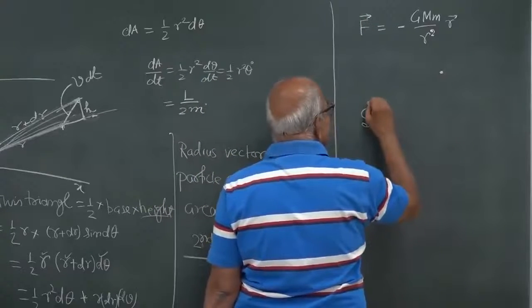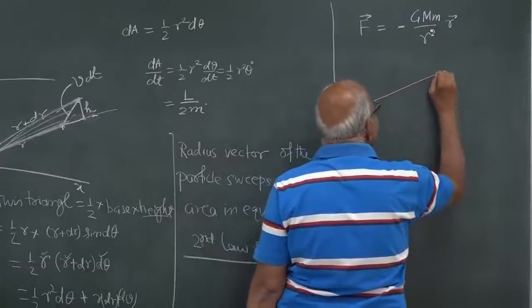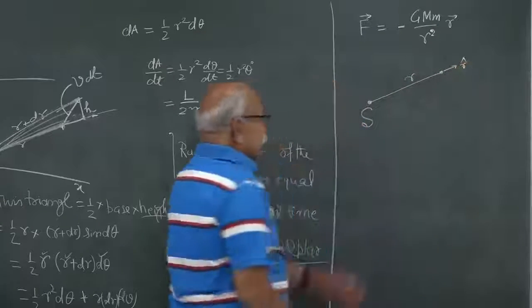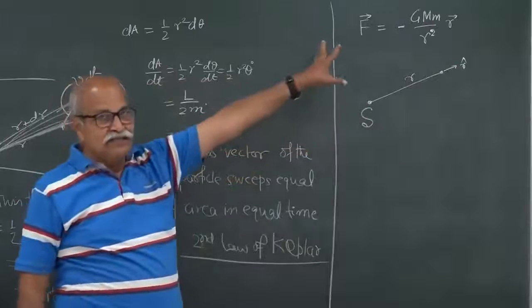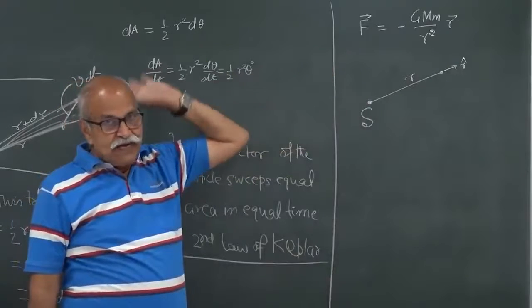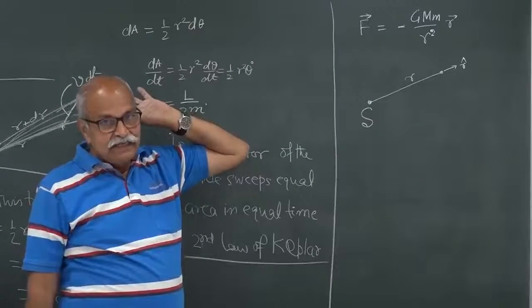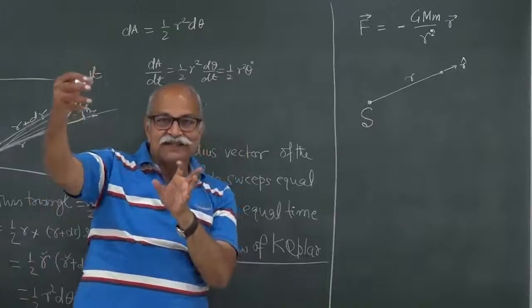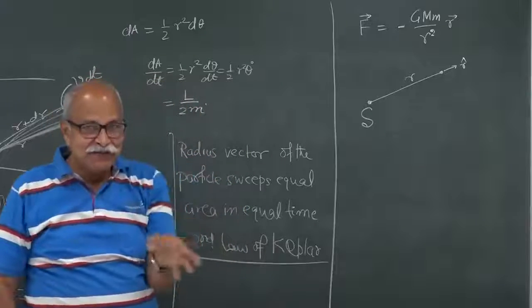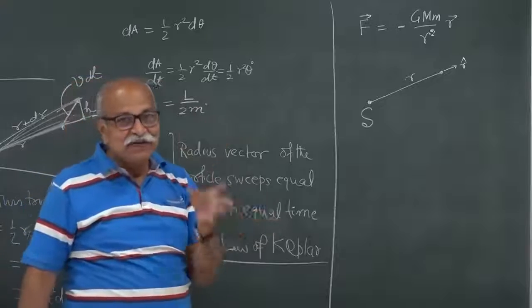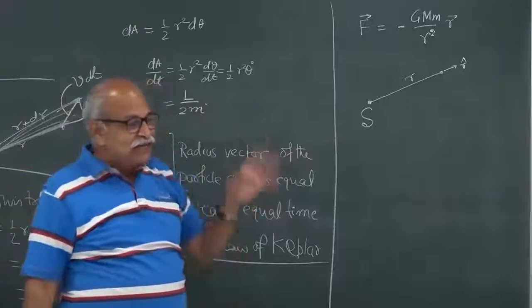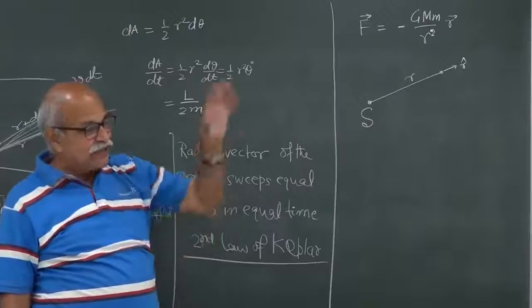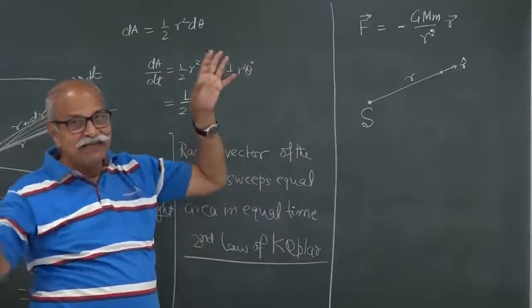If this is the origin, then this distance is r, this is r cap vector, it is an attractive force. What we are doing is a very idealized case. Here the sun will also get attracted towards the planet, and therefore, sun will also have some kind of central force motion like that. So, in our case the origin is fixed, the center of the force is fixed, although sun is very heavy as compared to the planet.